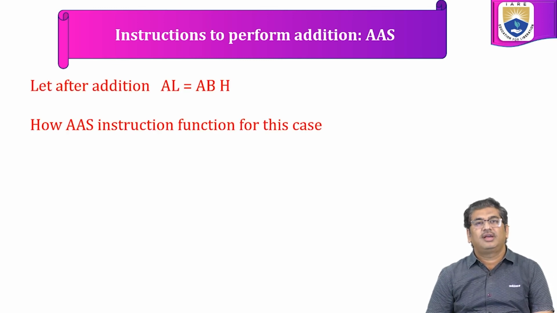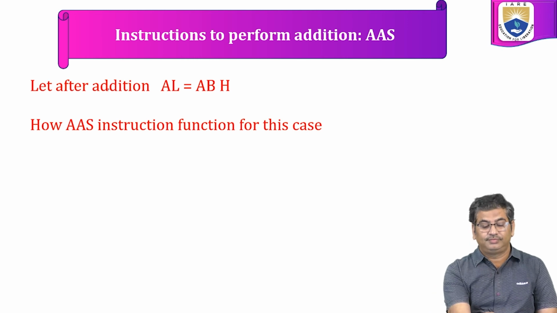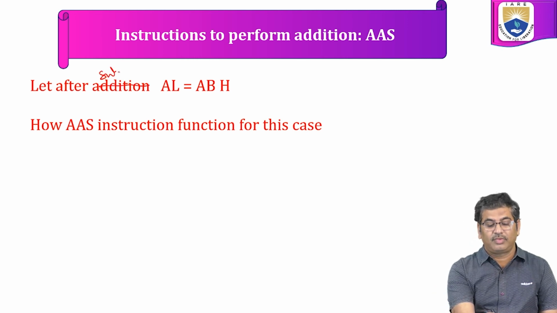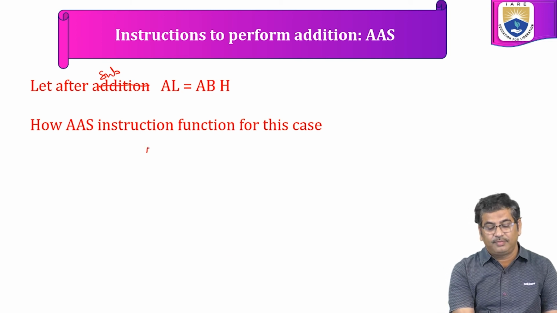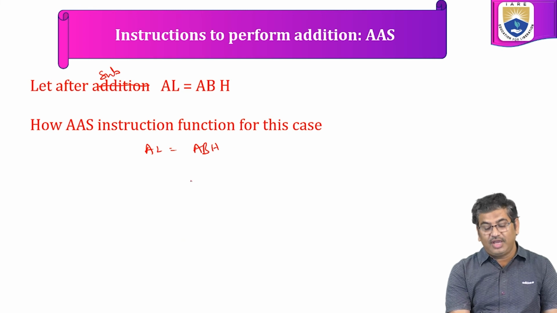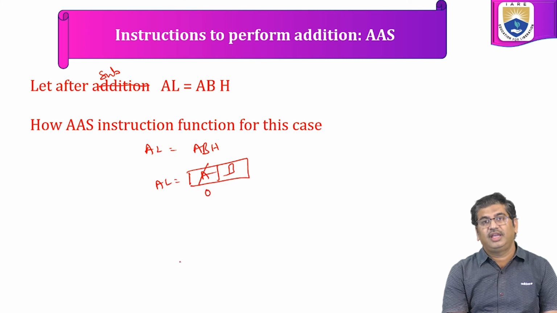The last example we will take after subtraction. Assume the AL register content is equivalent to ABH. First we have to clear the upper nibble. In this example the upper nibble is A, that will be cleared. So after the first step we will get the AL register content as 0BH.